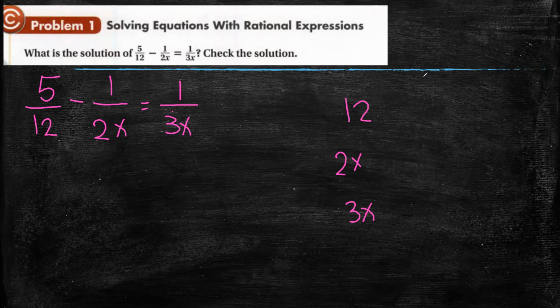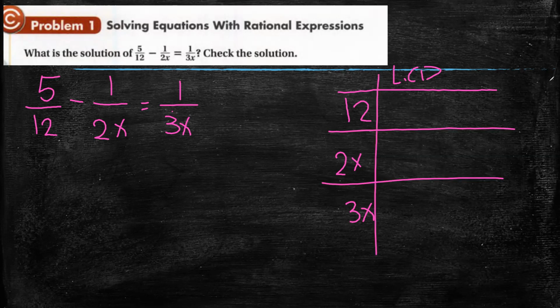Then find the least common denominator by writing the factors of each. For 12, we have 2 times 2 times 3. For 2x, we have 2 times x. And for 3x, we have 3 times x.